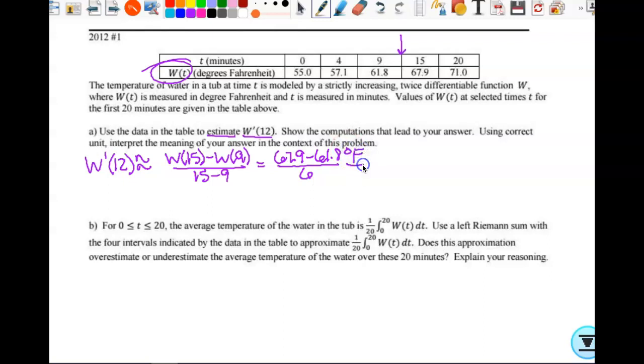The denominator is representing minutes, right? All right, so I got my units on there even though I didn't finish it up, and that's fine. But it does say using correct units, so I've got that right there. Interpret the meaning of your answer in the context of the problem, okay? So what does this even represent?